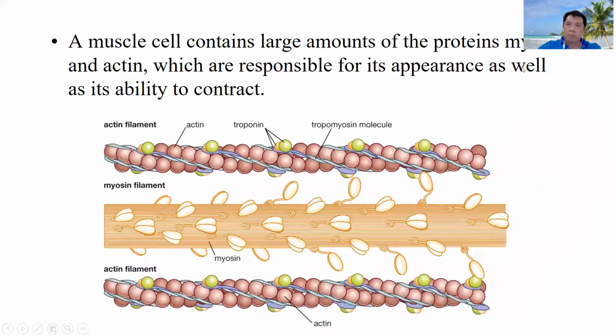For example, most of the proteins found in muscle cells are myosin and actin. These proteins are responsible for muscle contraction. You will study the action of myosin and actin filaments in the next semester.